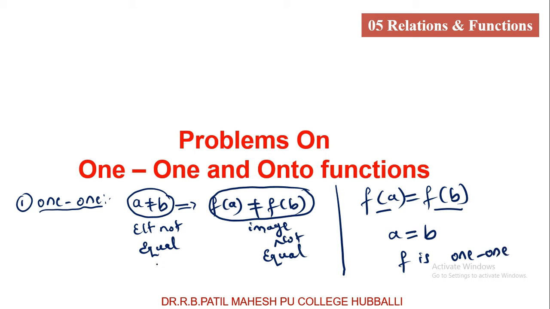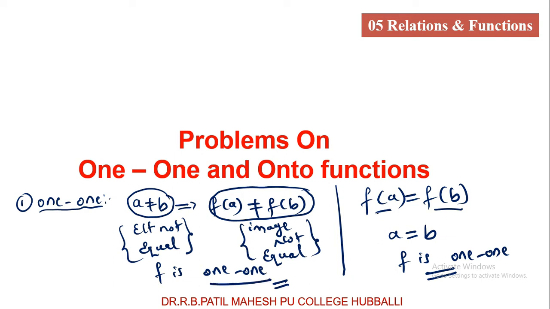I repeat, if elements are not equal, then images are also not equal, then the function is one-one. If images are equal, then elements are also equal, then the function is one-one. Remember, these are the two ways to say the function is one-one.